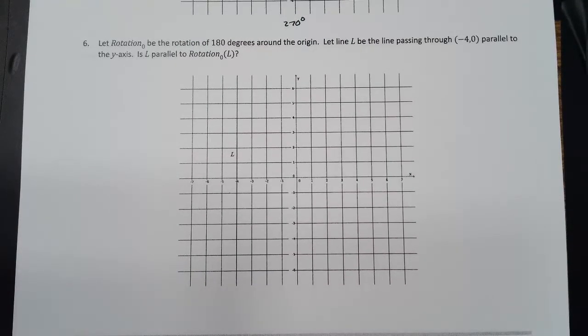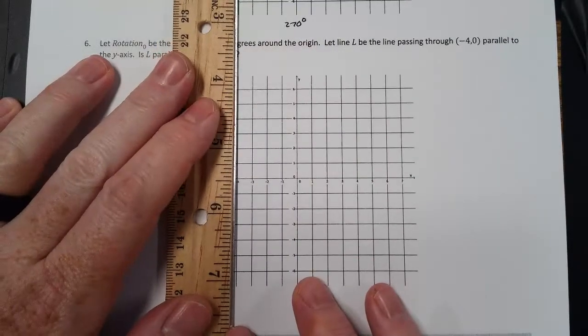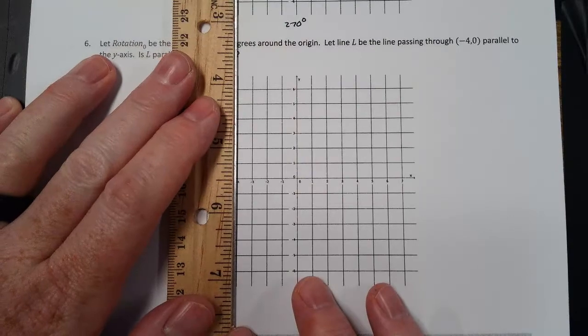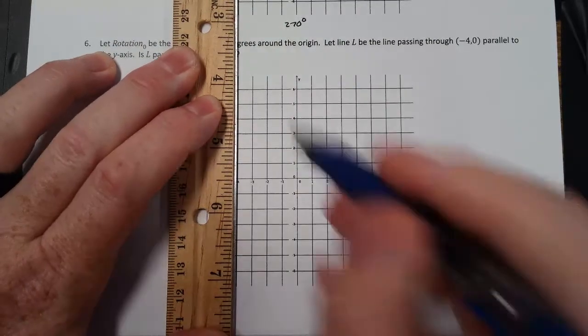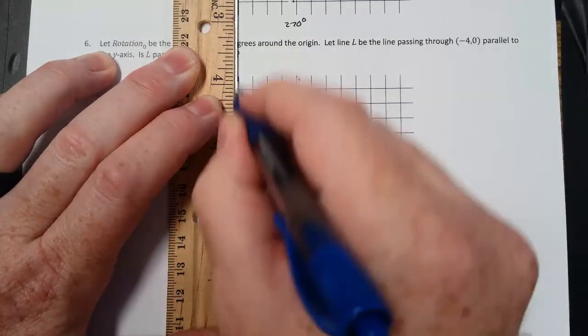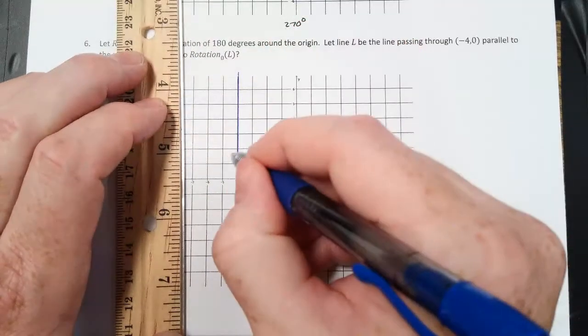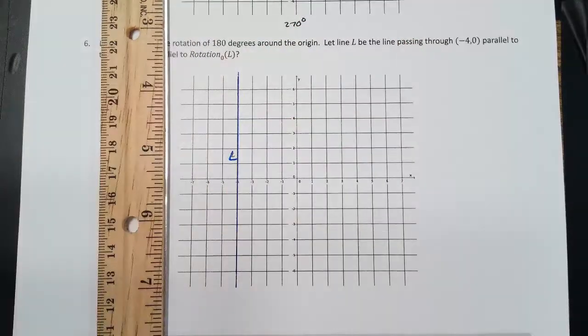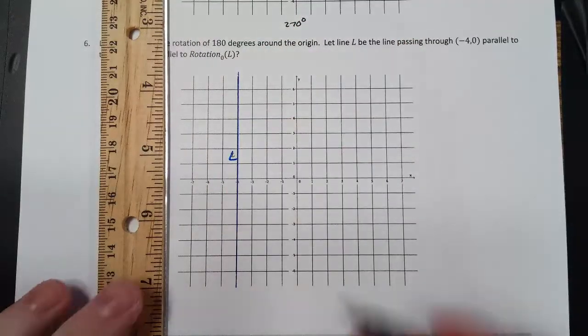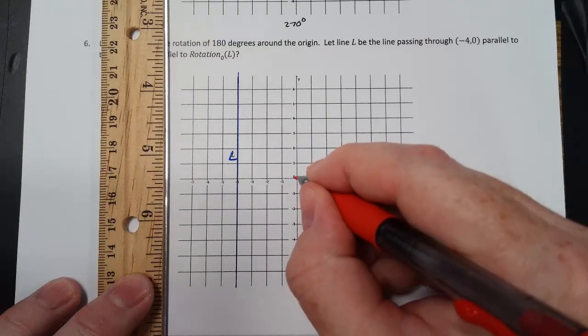Rotate that line around. Let me darken the line so you know exactly where it is so nobody has an excuse. That is L right there. And again, you're going around the origin.